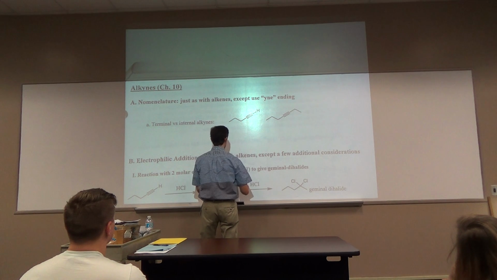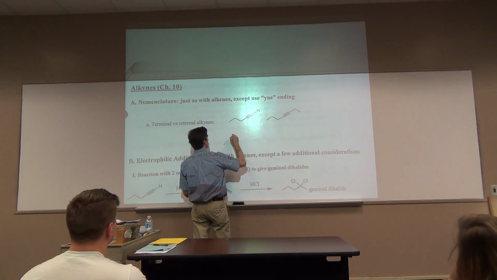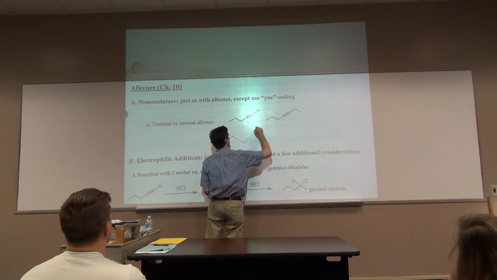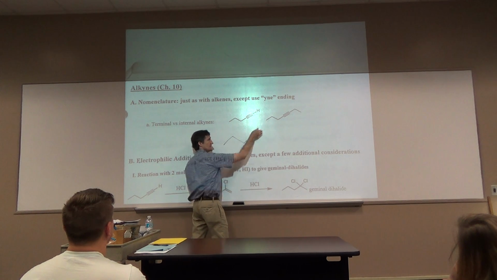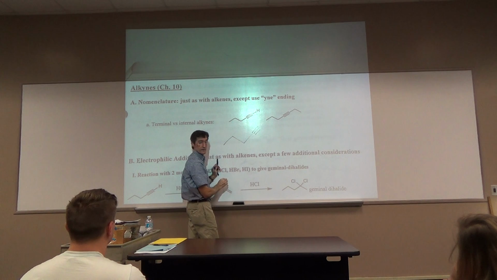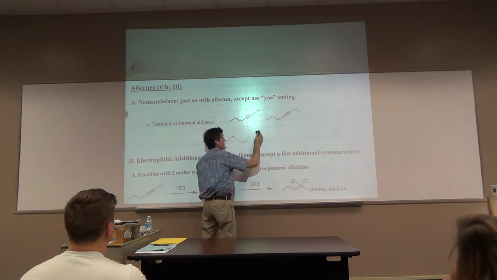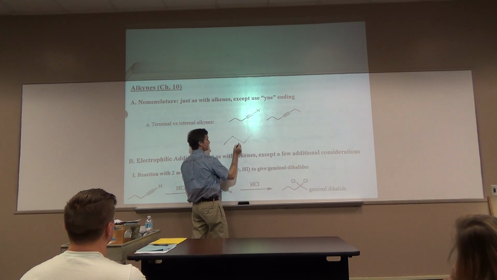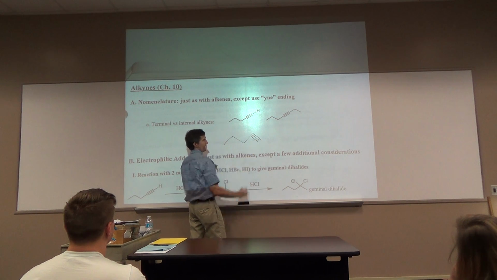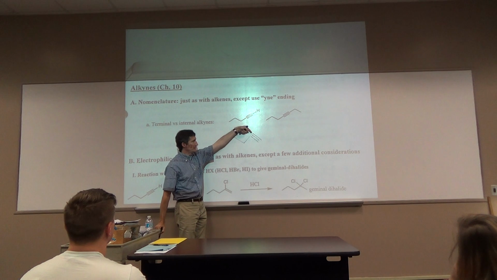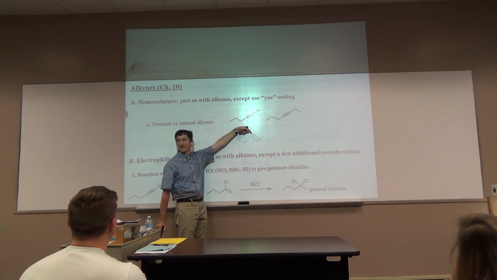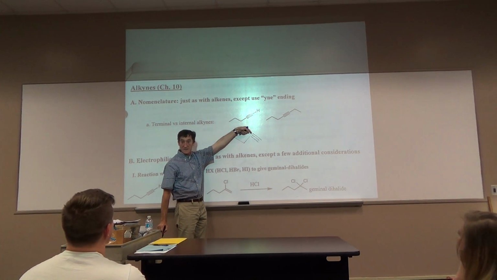Boom, boom, boom, like that. A lot of times students lose track of the carbons here because it's linear. 1, 2, 3, 4, 5. A lot of times students will draw 1, 2, 3, 4, 5, but that's a horrendous bond angle because this carbon here is supposed to be linear.